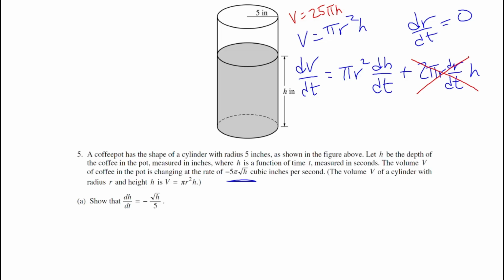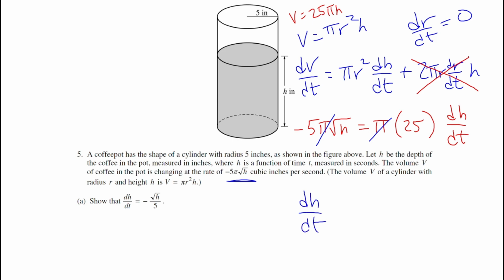And now when we plug in our dv dt, which is given as -5 pi root h, that should equal pi times our radius of 5 squared times dh dt. And then if we just solve for dh dt, well, we could cancel out the pi's. And if we do -5 over 25, that's -1/5. So it's -root h over 5, which is exactly what we were supposed to show.